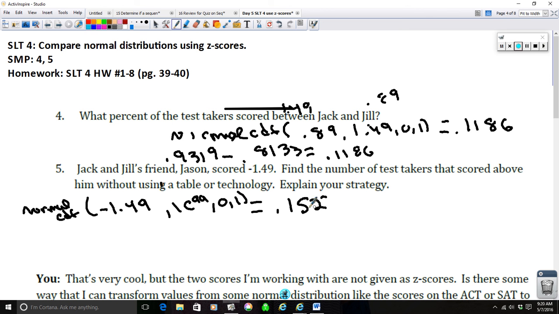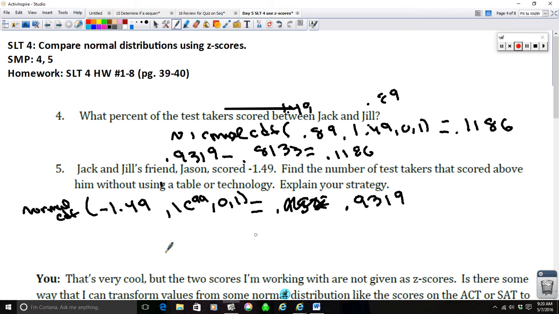What did I do? There we go. Sorry. I think I just put the wrong thing in.